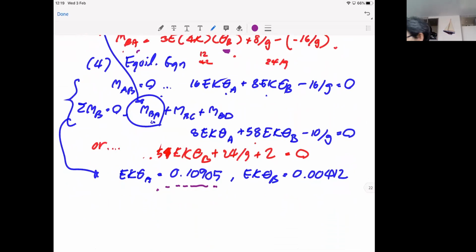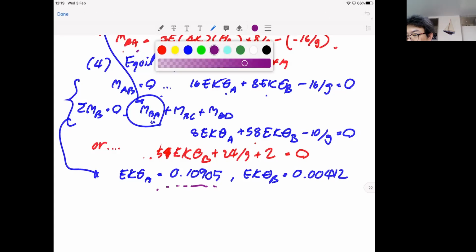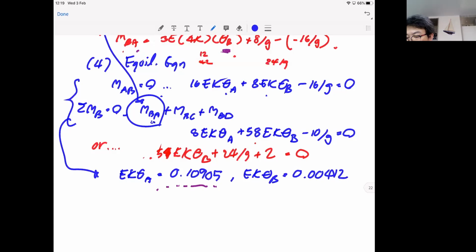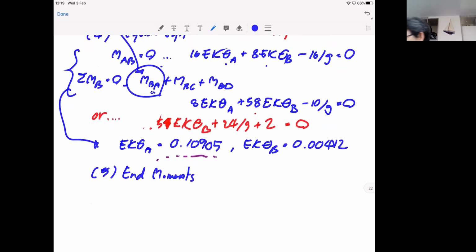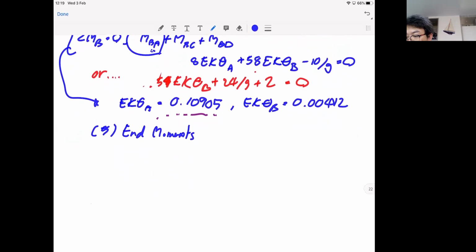Once you do this, you can go back and put everything back into your corresponding slope deflection equation to get the moments. Okay, and MAB is of course 0.